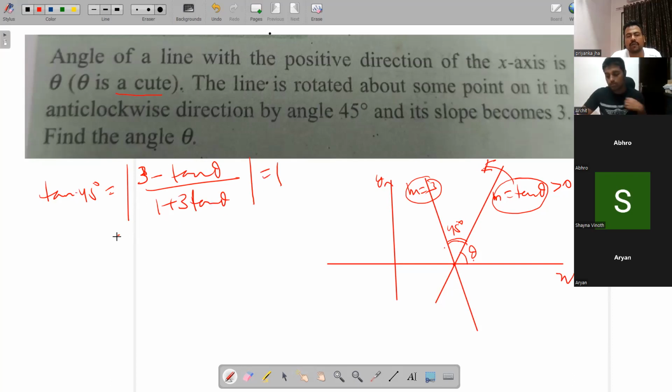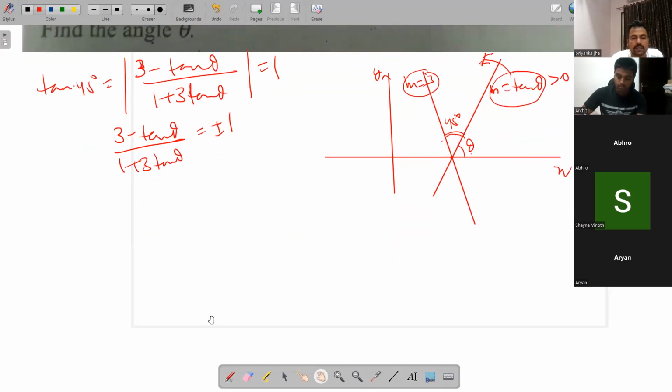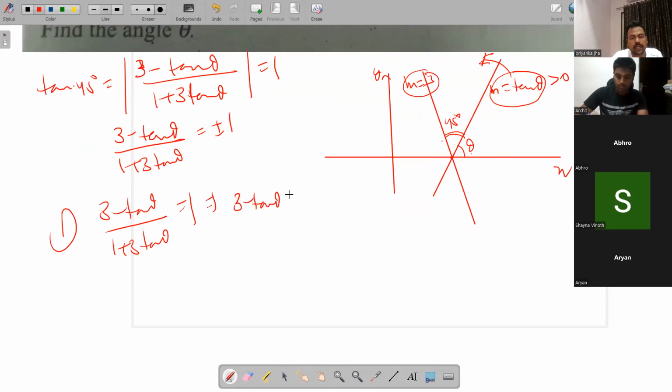If you remove mod from here, 3 minus tan theta upon 1 plus 3 tan theta is plus minus 1. Now take plus sign: 3 minus tan theta upon 1 plus 3 tan theta is 1. Solve it. You will get 3 minus tan theta is 1 plus 3 tan theta. Take this to this: 2 equal to 4 tan theta. So tan theta is half.